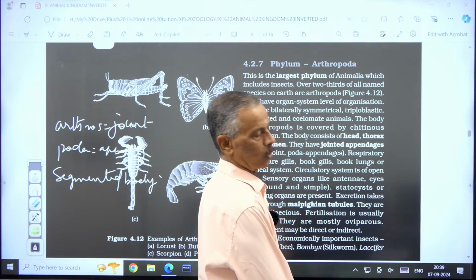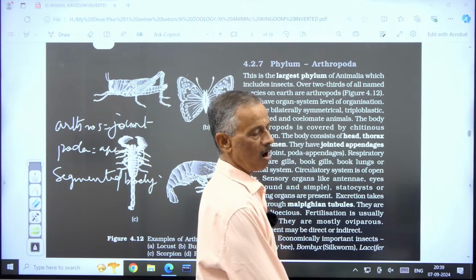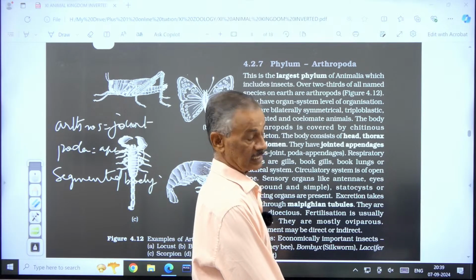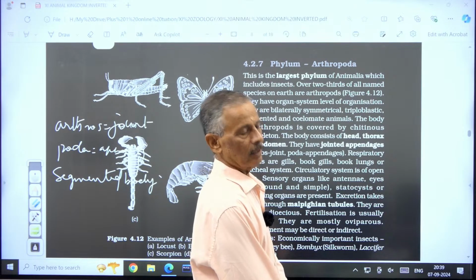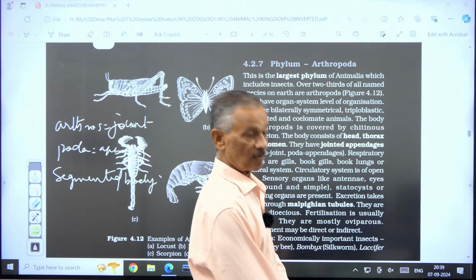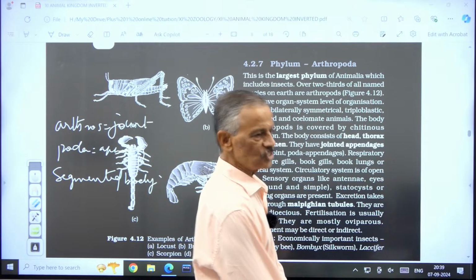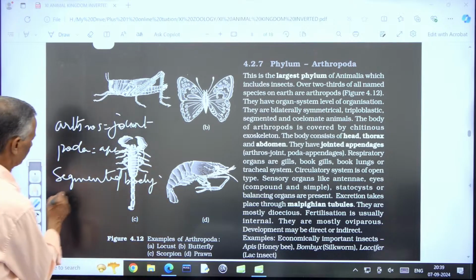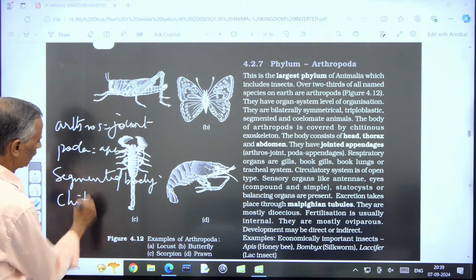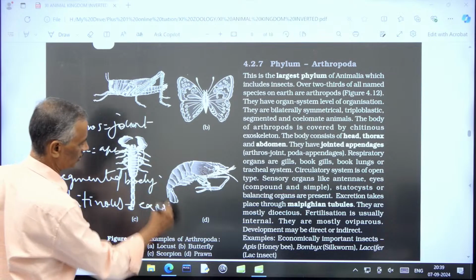Now, another important feature is that their body is covered by a hard covering. Just like an armour, it is protecting the body. That covering, avaranam, kavacham pole, ശരീരത്തിനെ സംരക്ഷിക്കുന്ന ഈ ആവരണം കൈറ്റിൻ കൊണ്ടുണ്ടാക്കിയതാണ്. Chitinous exoskeleton എന്ന് വിളിക്കും. So we call it chitinous, made up of chitin. Exoskeleton.